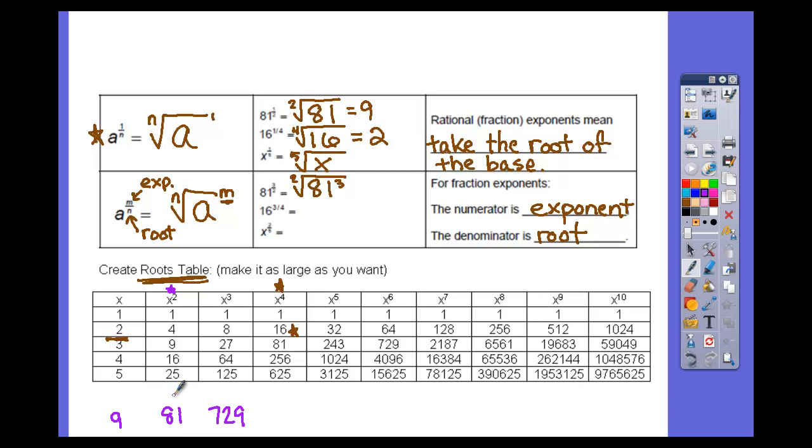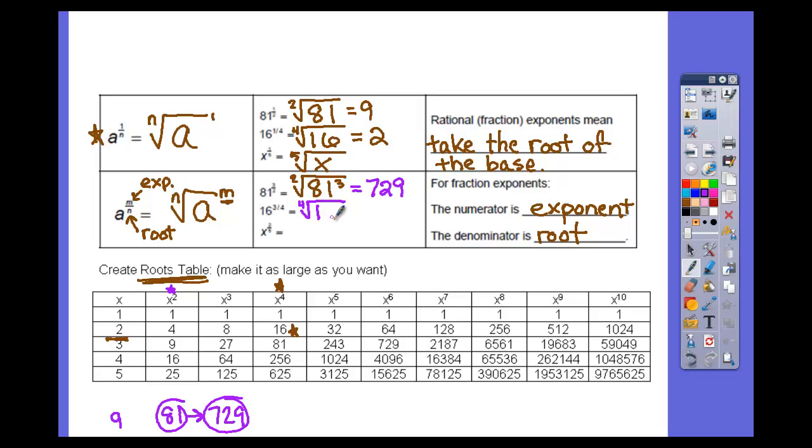So I would start here and finish where the exponent of the numerator is. So this is, oh, I'm sorry, this is 729.